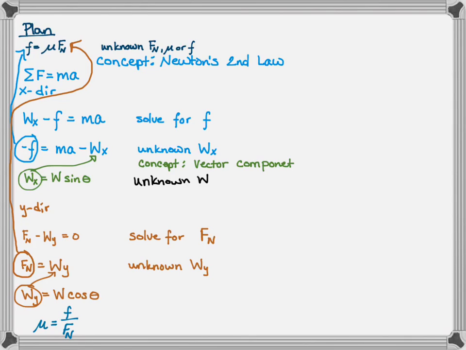Okay, so I don't know what W is, but I know, again, using Newton's second law, W is going to be equal to mass times the acceleration due to gravity. So I can find W and plug that in. Okay, so now I have all of the variables solved. So I should now be able to plug into my various equations and solve for mu and F.